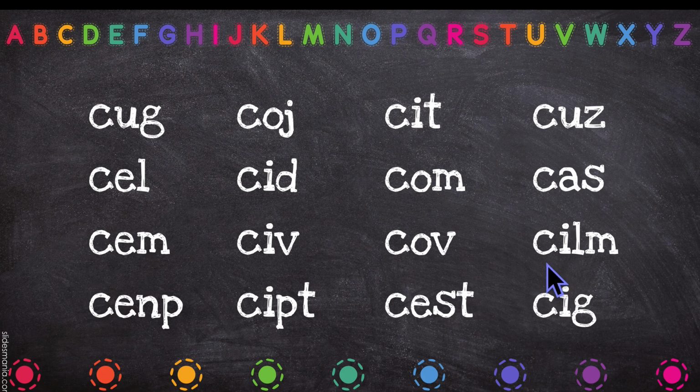S, ilm, silm. E, I, or Y? Yes, so we want the soft sound. S, enp, semp. Did you notice that sometimes I will call it the soft C and sometimes I'll call it the second sound?